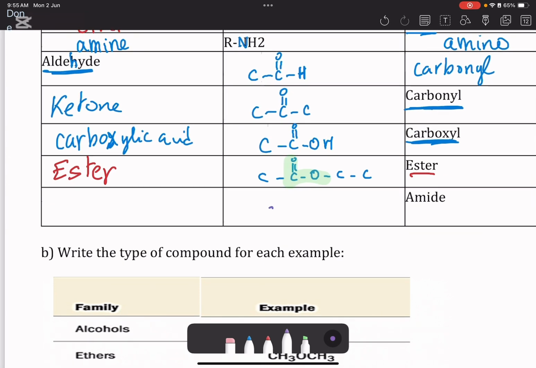Amides, it's a C double bond O with an amino after it. C double bond O, and then there's amine, nitrogen. And here continues the hydrogen. Now this nitrogen could be bonded to hydrogens or could be bonded to other carbon chains. So amide.